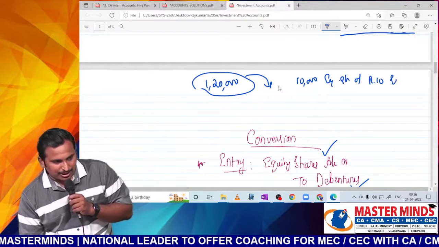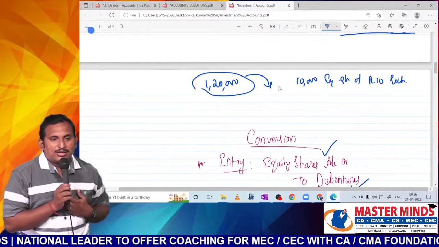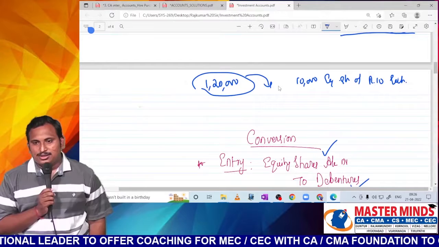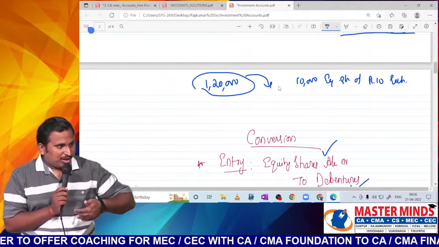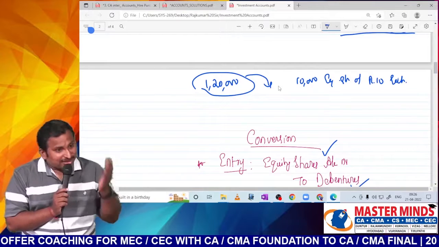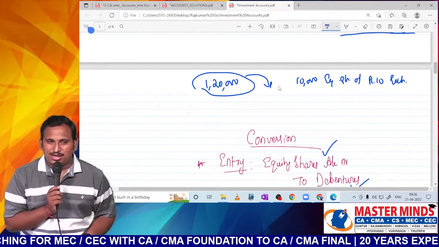Now can you tell me profit or loss for us? Loss, because for 1,20,000 worth debentures, today we are receiving only 1 lakh. So 20,000 is the loss.